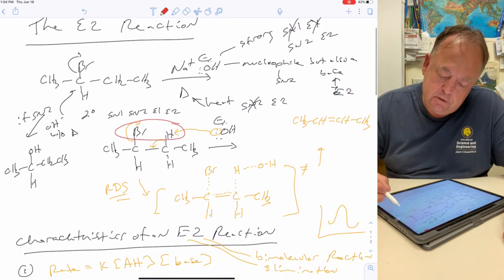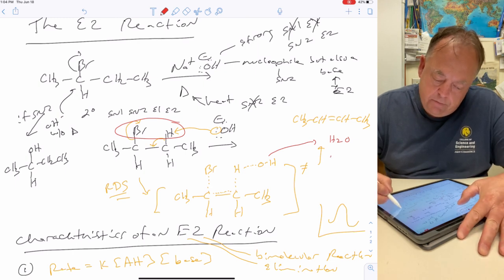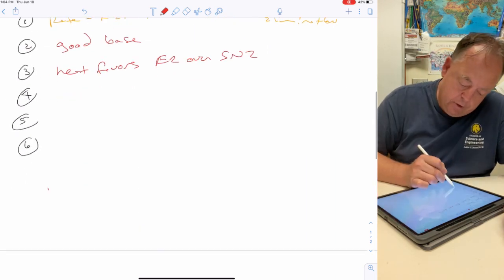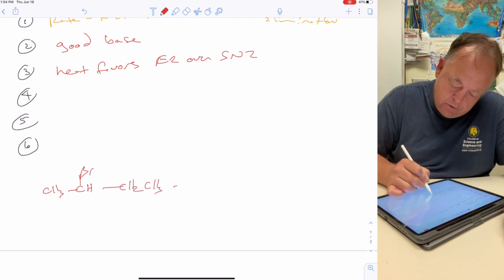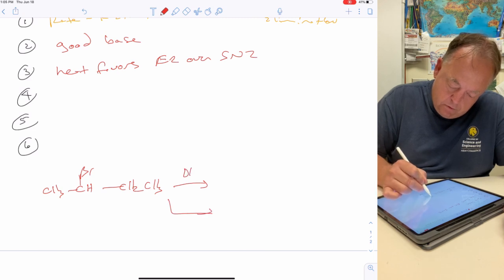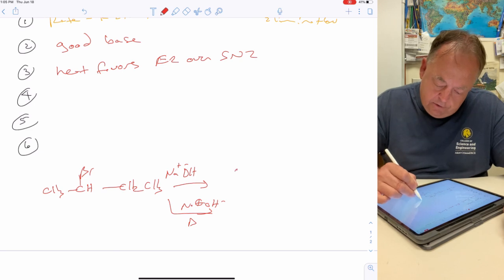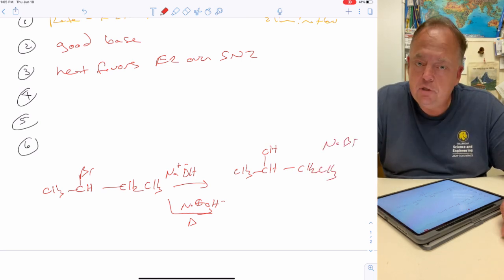For the same purpose, in this reaction the side products would be H2O, you make H2O there. And then you had the sodium cation and you lost a Br, so you make Br minus. So in this reaction, if we contrast SN2 and E2, for the SN2, two molecules become two molecules.